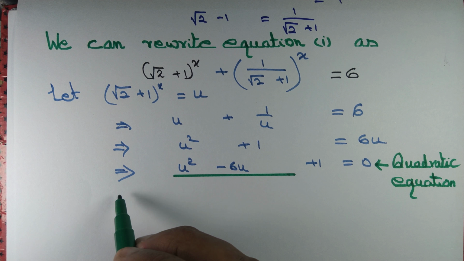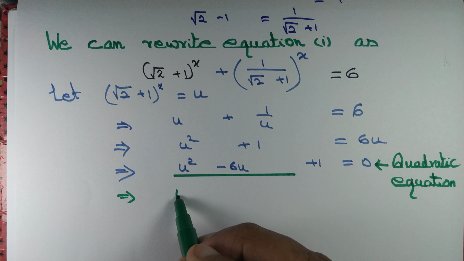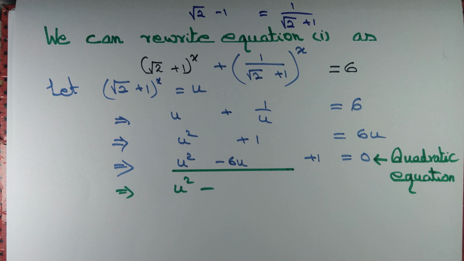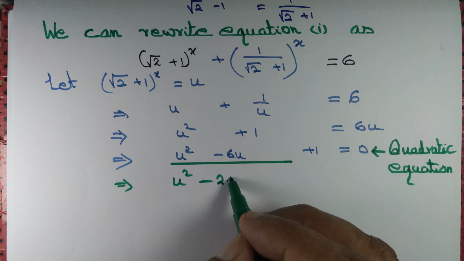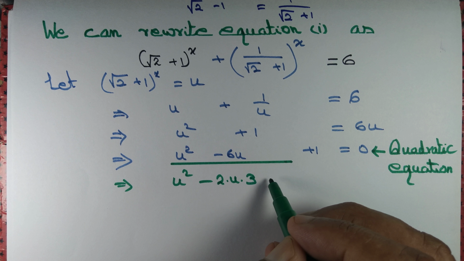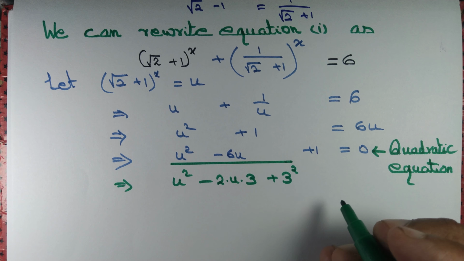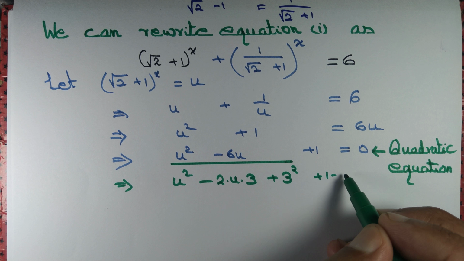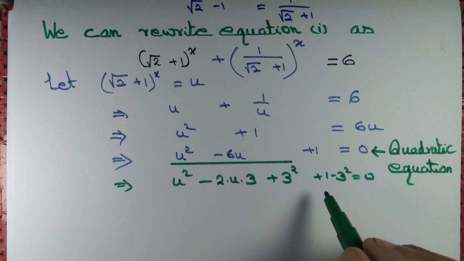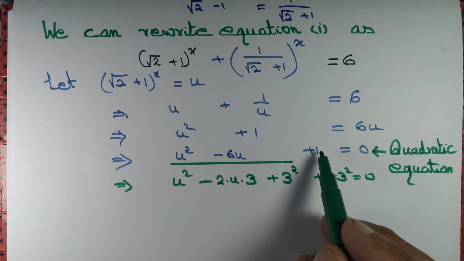So let's write the equation once again. u square minus 6u, that can be written as 2 into u into 3. So let's write plus 3 square, but I have to maintain the equality, so I have to write minus 3 square. Alright, plus 3 square and minus 3 square will get cancelled.